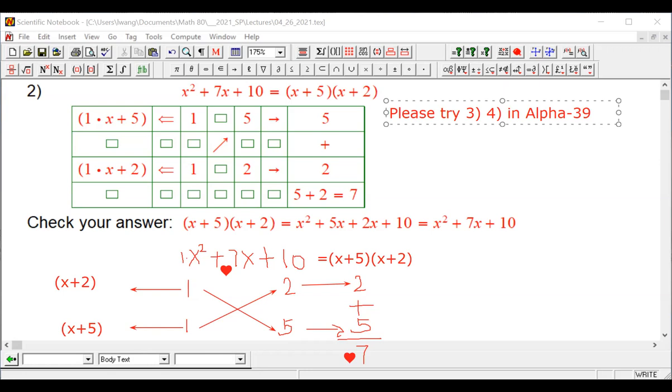Take your time. Okay. We do this because we want you to be on common ground so we can work together, because this is the format I will be using in the section of factoring for quite a while.